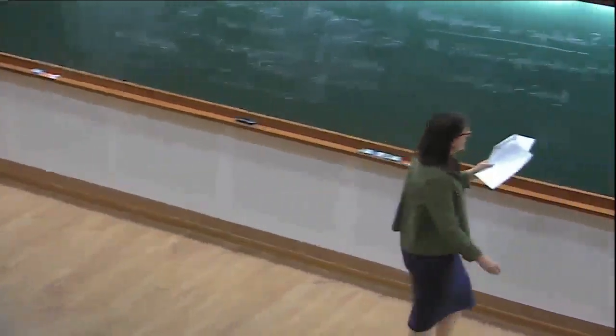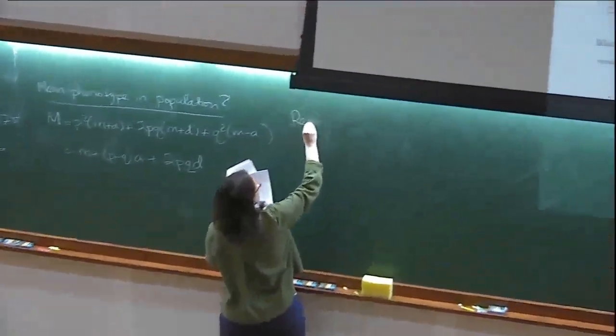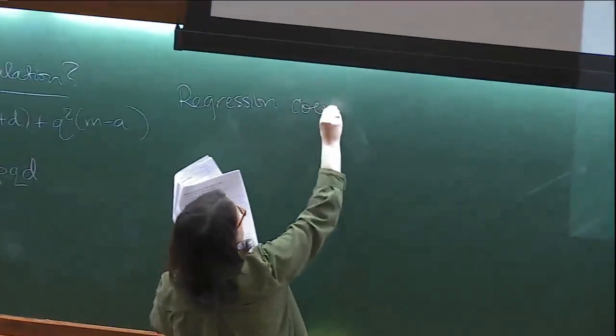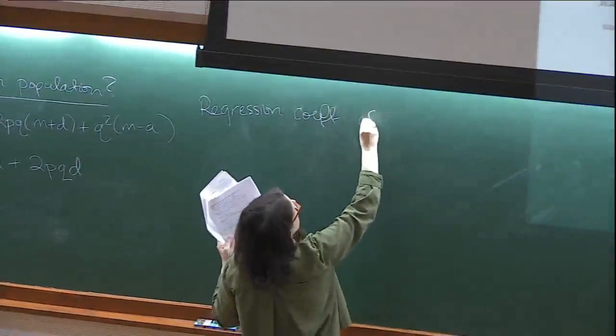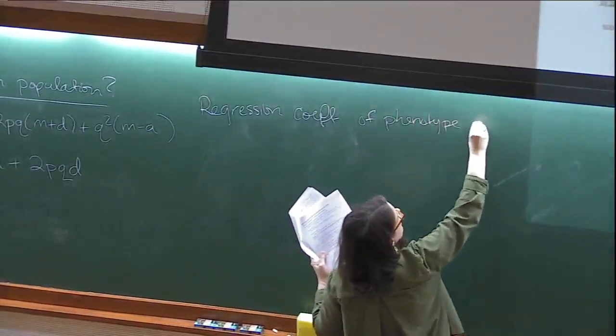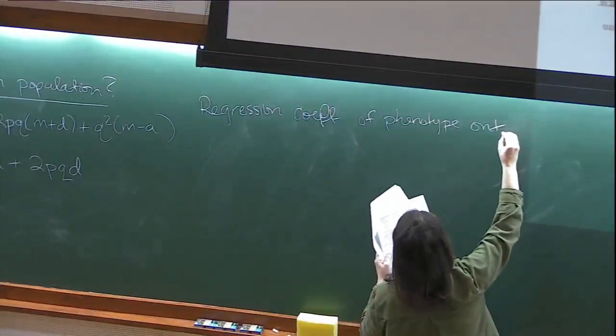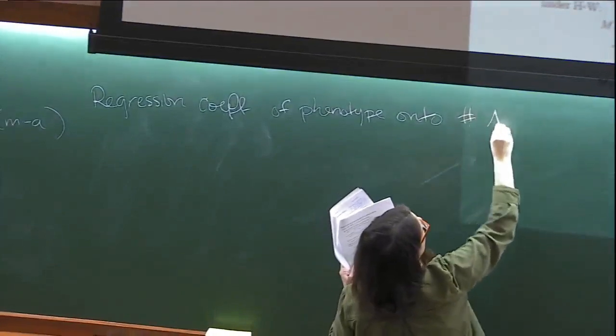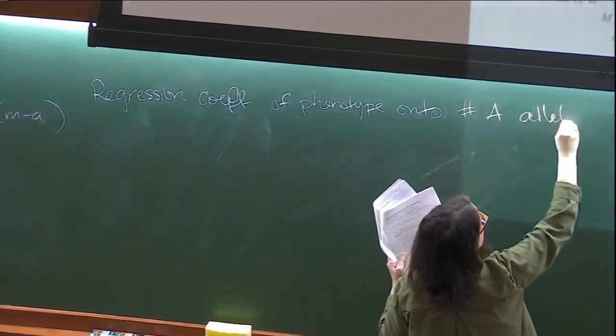Now I'm going to define another quantity that's important: the regression coefficient of phenotype onto genotype, but a specific type of genotype, onto the number of one of the 2 alleles, and in this case, it's the number of A alleles.